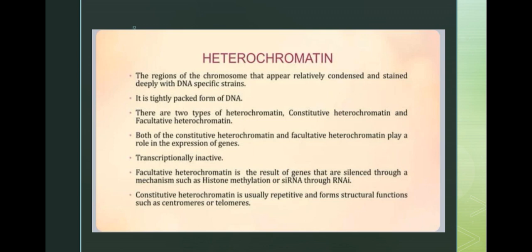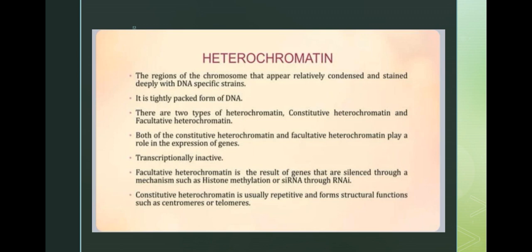Both play a role in the expression of genes. They are transcriptionally inactive. Even though constitutive heterochromatin is not transcribing, it plays a major role in the expression of genes.